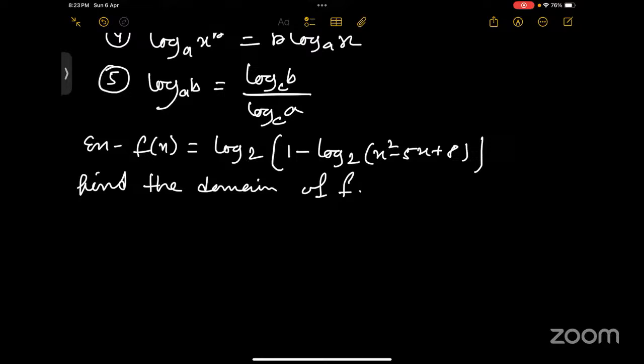Madam, x square minus 5x plus 8, madam, this inside. Yes, plus 8.